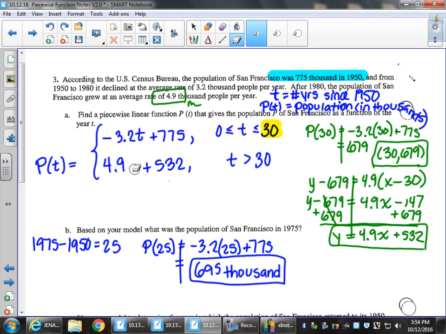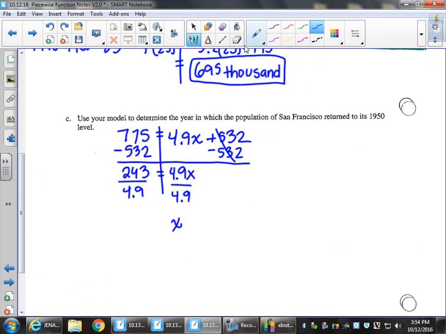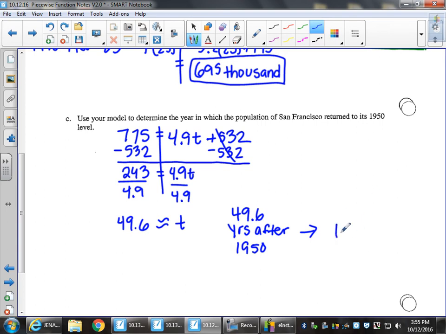This should be t. So 4.9t, 4.9t. So now I have t equals approximately 49.6. So 49.6 years after 1950. When I add that, you get 1999.